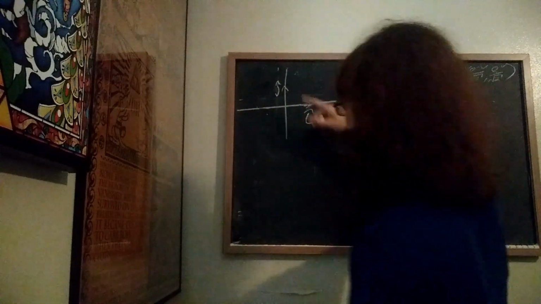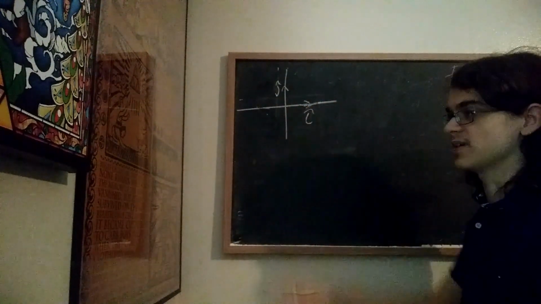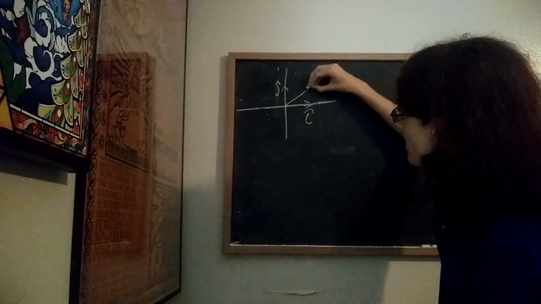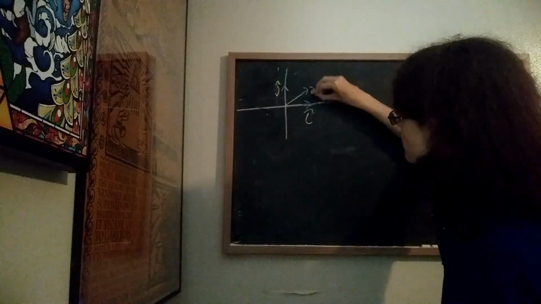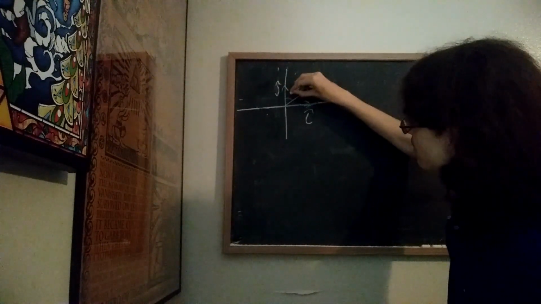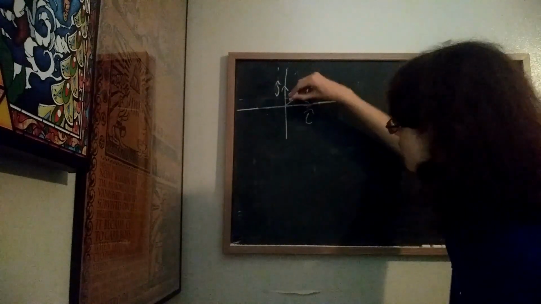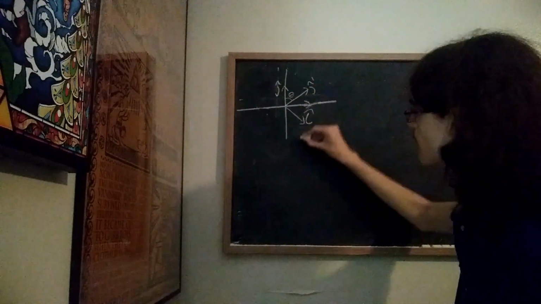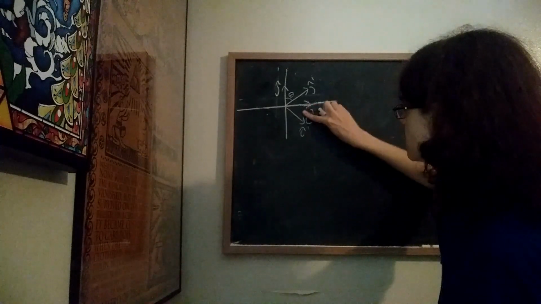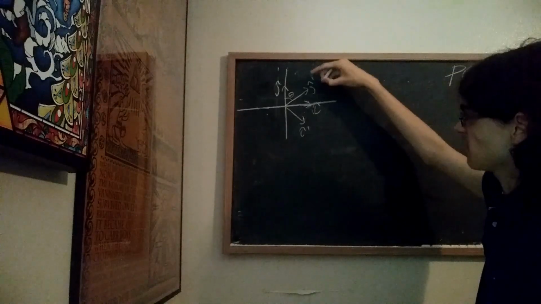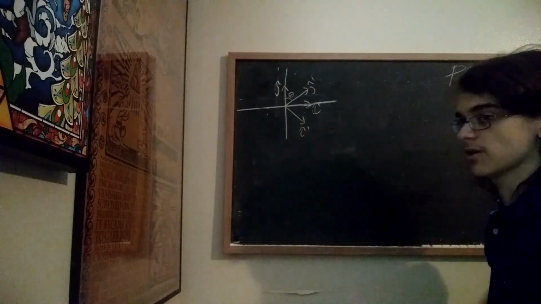And so to find the rotation matrix, we're going to have to find the new i hat and j hat after they have been moved by an angle of theta. I'm going to move this i hat, it's going to bother us. So we're going to call these j hat prime and i hat prime.